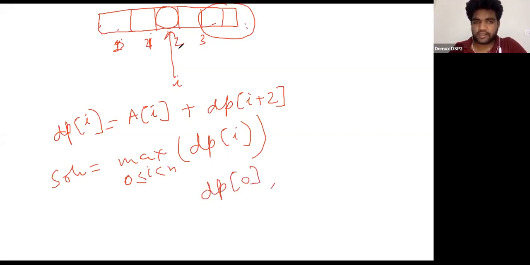If the first house that he robs is 1, then the answer is dp 1. So whatever the eventual answer is, it is basically the maximum over all these, because dp of 0 is assuming he robs the 0th house, dp of 1 is assuming he robs the first house. So any of these houses he could choose as the first house.